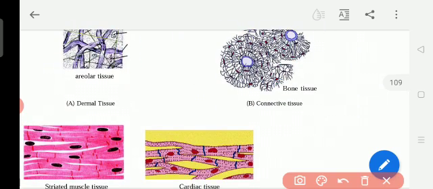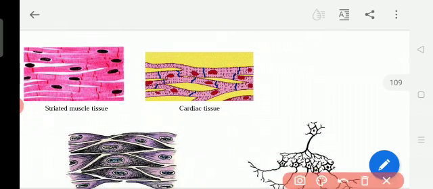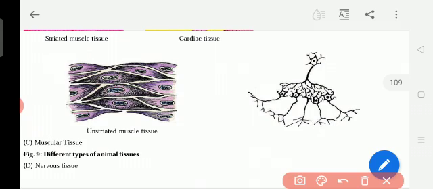You see the bone tissue, how it is? All these are seen under a microscope. It is striated muscle tissue, it is cardiac tissue, and then you see this one, unstriated muscular tissue. This one you see, nervous tissue. These are the different tissues of the animals. Thank you, students.